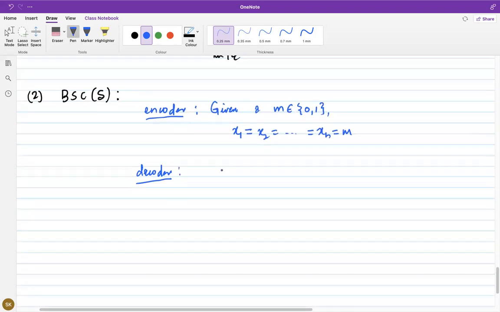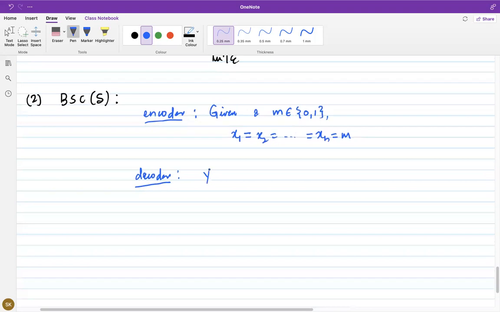Let's say you get outputs of length n, coming out of the alphabet {0, 1} to the power n, the Cartesian product of this n number of times.